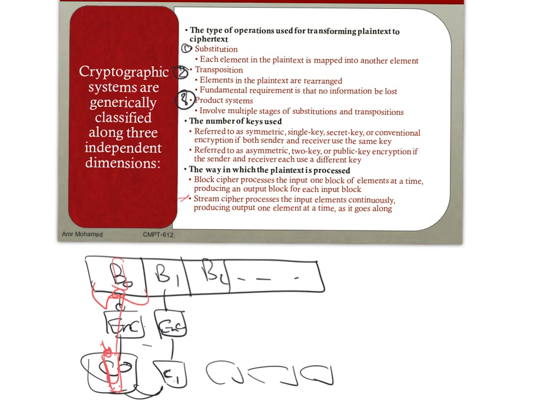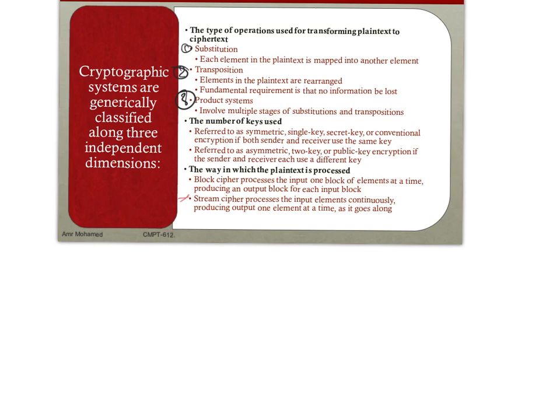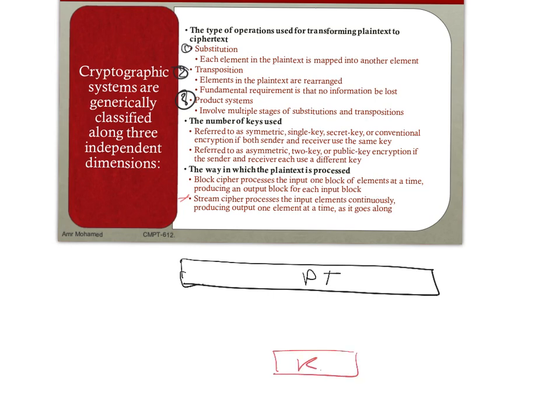Stream ciphers talk about the fact that if I have a plain text, and I have a key, using the key we can generate some kind of random sequence, which is based on the key. It is different, and it's secret because of the unknown key.